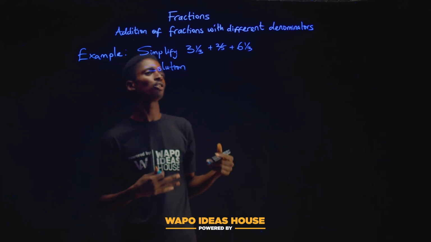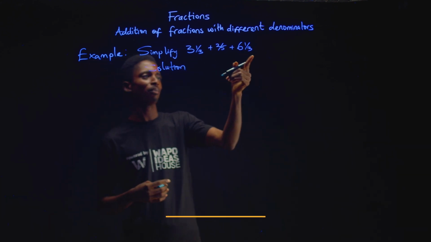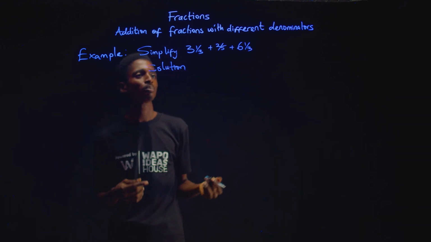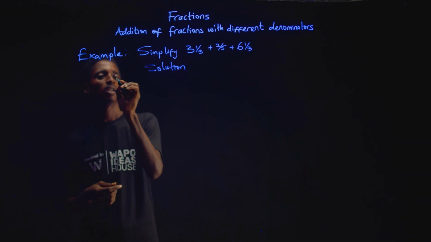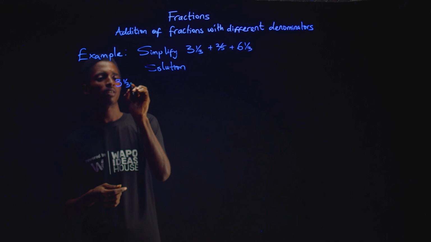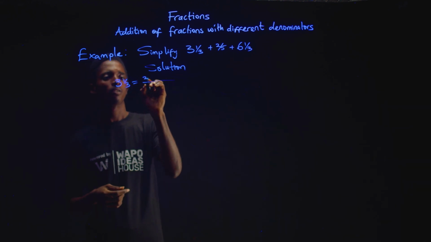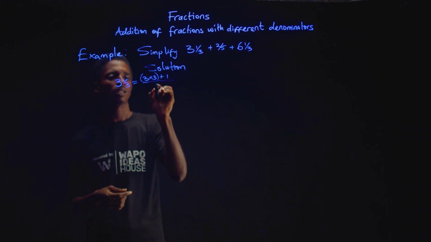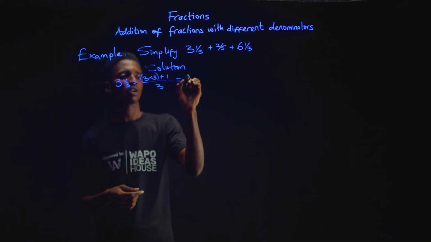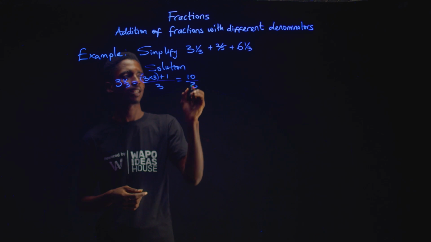I believe the first thing you will do is to convert those that are mixed fractions into improper fractions. That is, 3 whole number 1 over 3 would become 3 times 3 plus 1 over 3, which would give us 10 over 3.